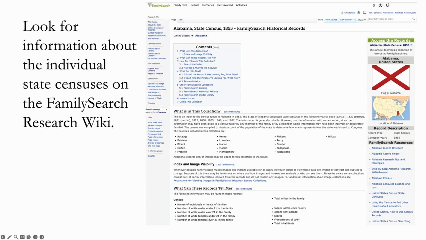One of the things you're going to need to know about this census in 1855 is to look at the history of the counties that are listed here, because the counties in 1855 in Alabama have probably changed. And in order to use that information, you need to focus on the history of the counties. That history is fairly accessible. If you look up the history of any of the counties in the United States, you will find specific information about that county.